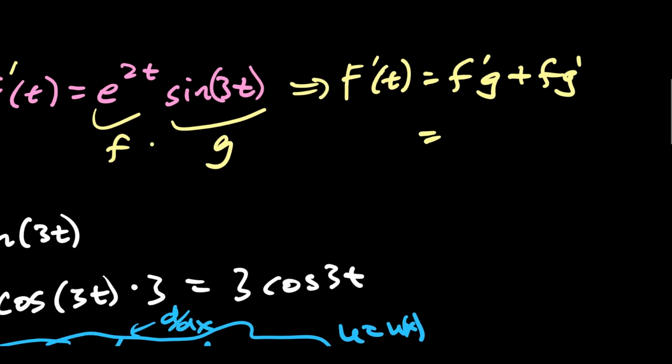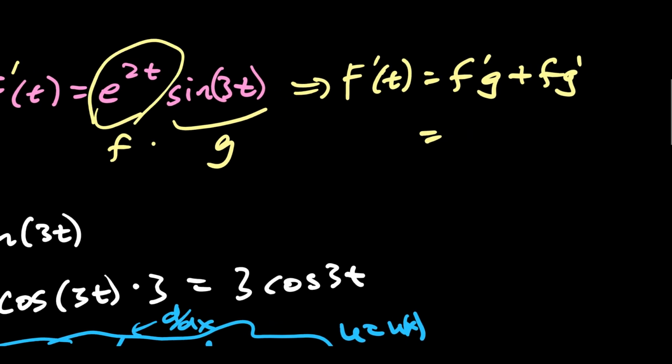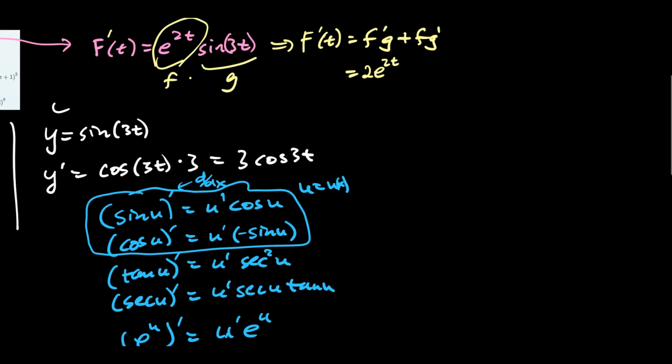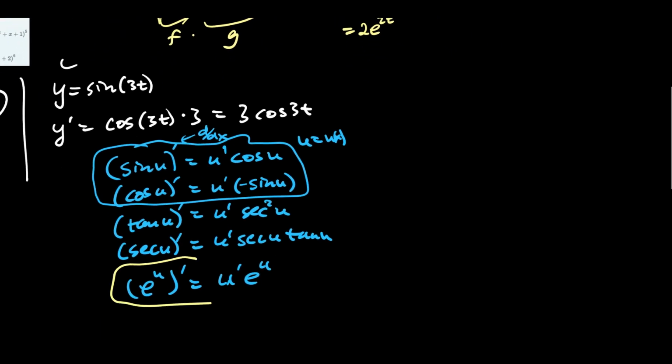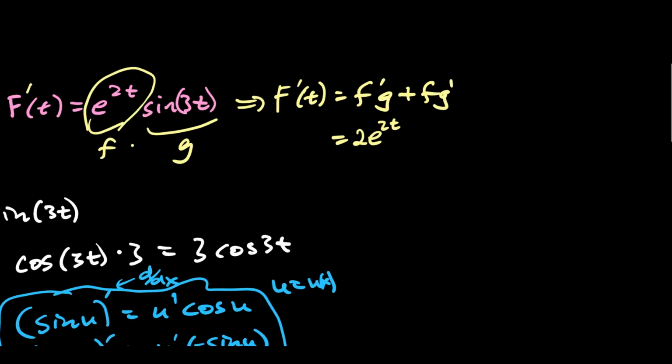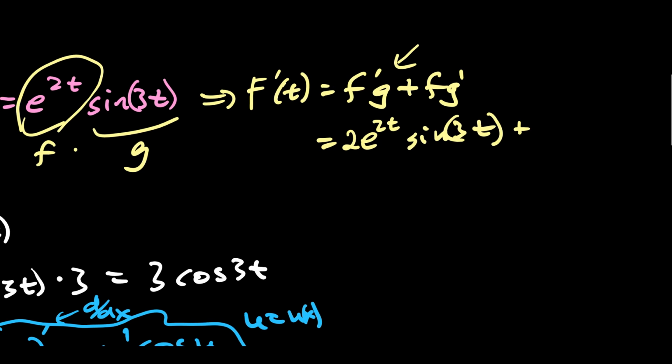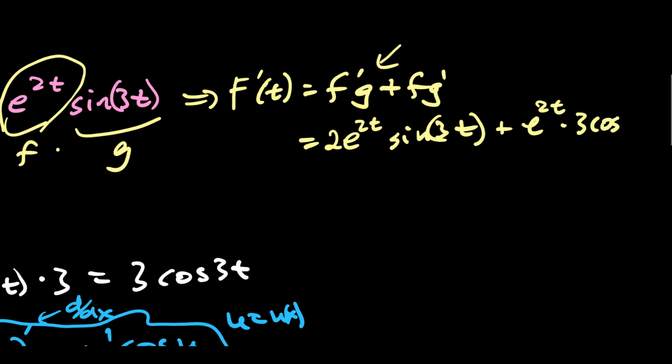So f prime will be the derivative of this e to the 2t. So that'll be 2e to the 2t. I'm using this little formula right here, u prime e to the u. All right, so now I multiply times g. That's sine of 3t. Plus, now it's f and then g prime. So that's e to the 2t, and then g prime we found to be 3 cosine of 3t.